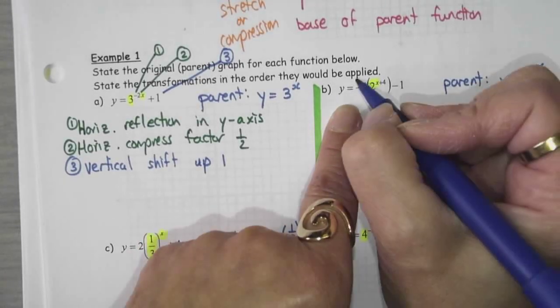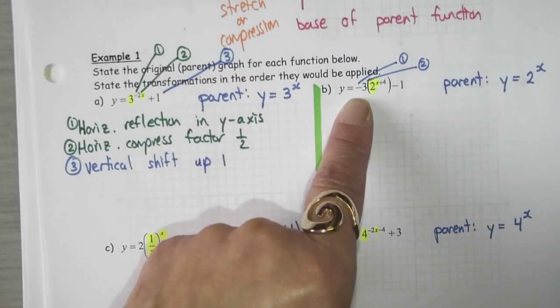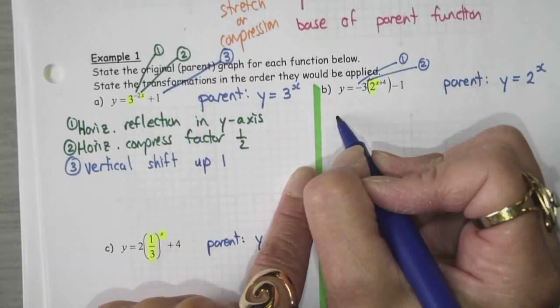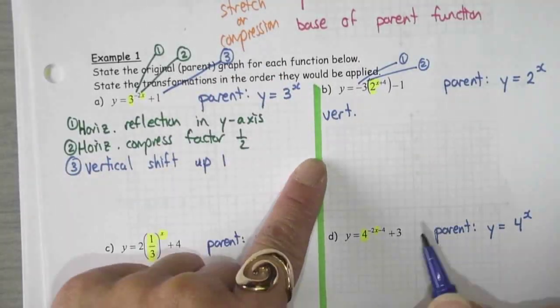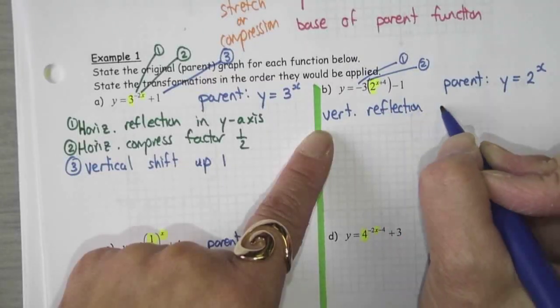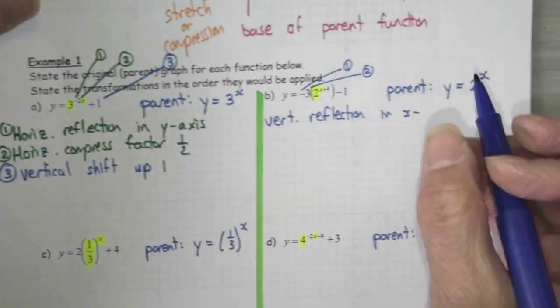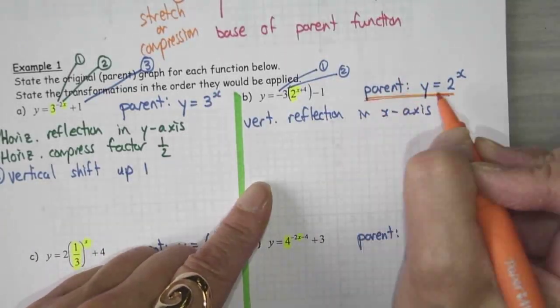We've got 2 things happening there. So 1 is going to be my vertical, and I'm going to list it in the order I'm doing it. So vertical, and it's a reflection in the x-axis.